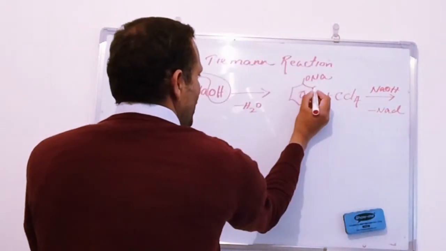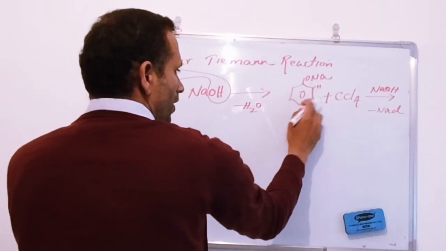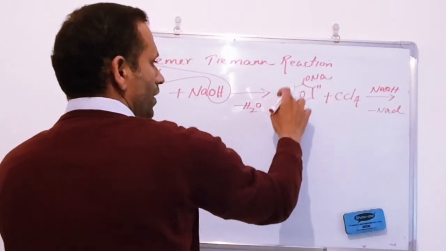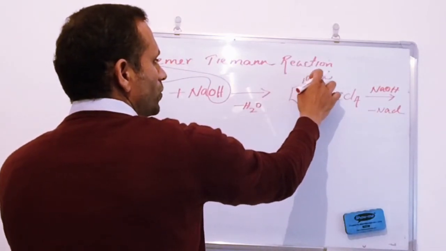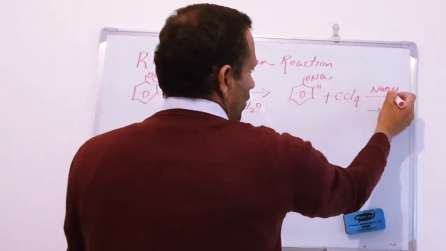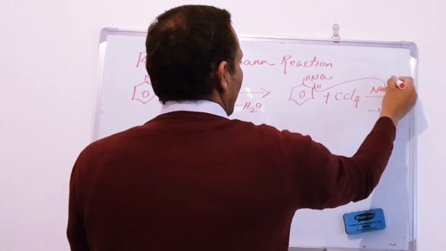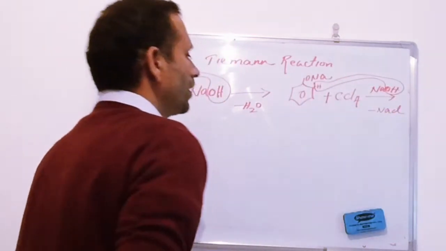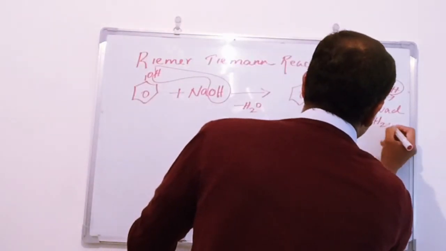There is a hydrogen here, here, here, here, here. One of the hydrogens close to the ONa group combines with the OH group of sodium hydroxide, resulting in the formation of water. There is again dehydration.